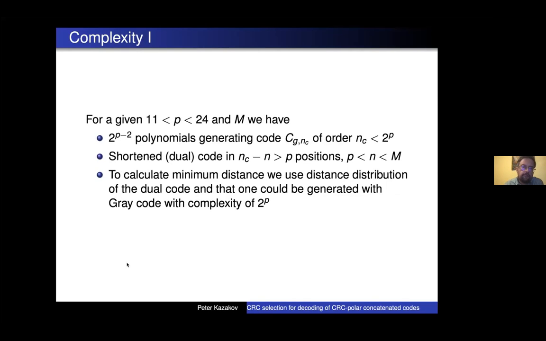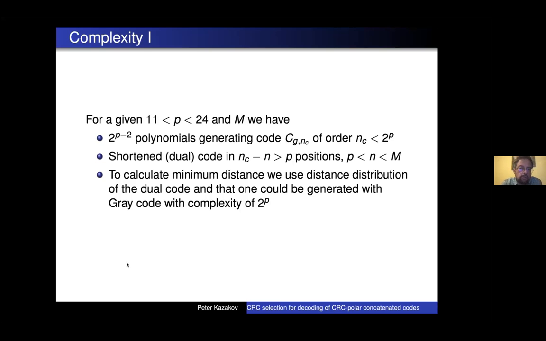So in our first paper, this was an attempt to attack the case with 24 bits. We are using 2 to the power p minus 2 polynomials that are generating code C, and we have that the order is less than 2 to the power p.